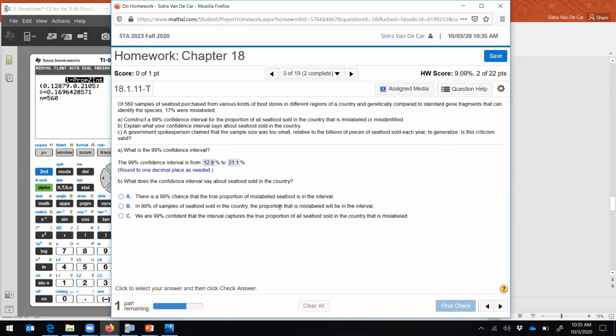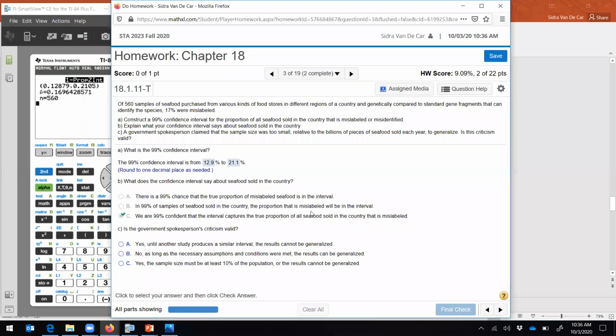This is not about the samples. We are 99% confident that the interval captures the true proportion of all seafood sold in the country that is mislabeled. This is the accurate statement there, because there's no chance about where that true proportion lies. And it's not about the samples that we're making a statement. We're making a statement about the population proportion.